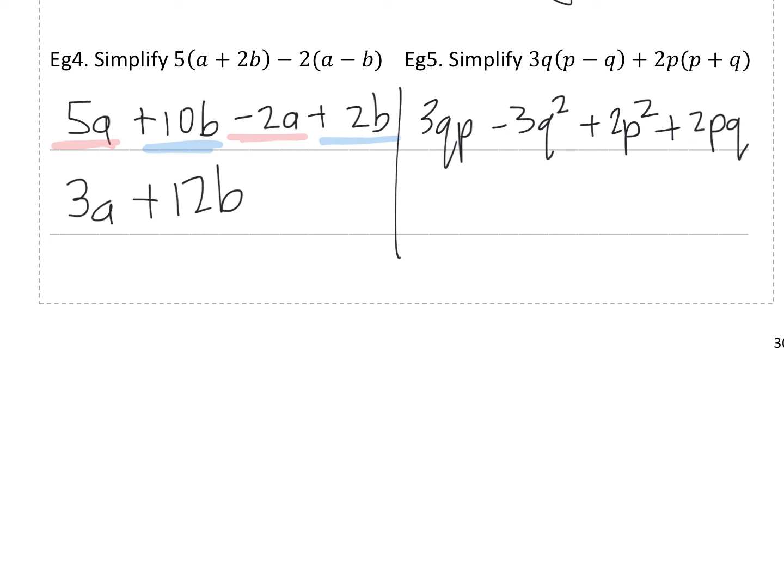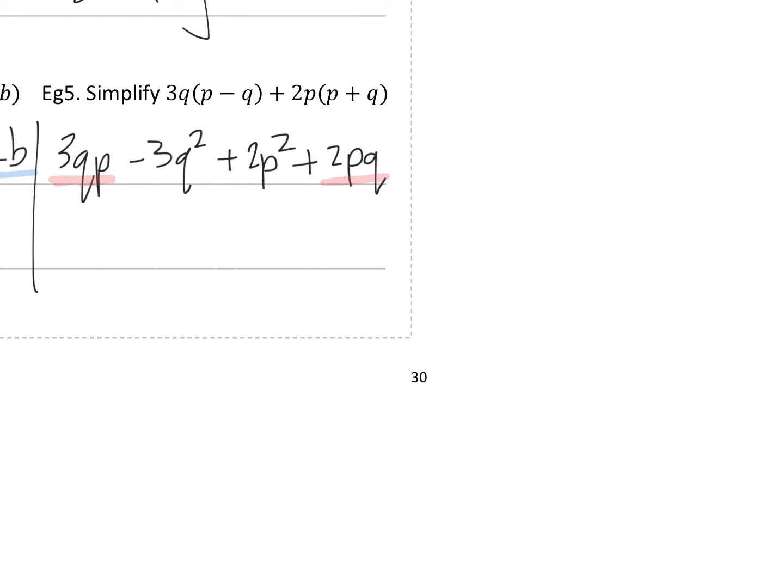Then we look for like terms. So they'd have to be exactly the same. They can have a different number of the terms, but the terms have to be the same. So we've got QP. Here we've got PQ. Are they the same? Can we collect them?